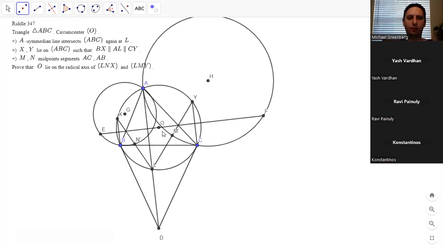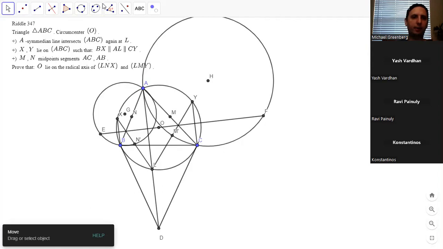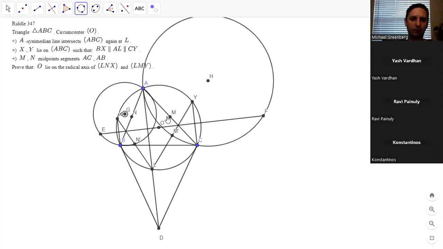So the difference between the powers of O with respect to this circle and ABC is twice OG times the distance from O to AB. And okay, so actually now we can draw back in N and M. So really I think we want to show that GNMH is cyclic. Yeah, if we can show GNMH is cyclic, that would solve the problem.